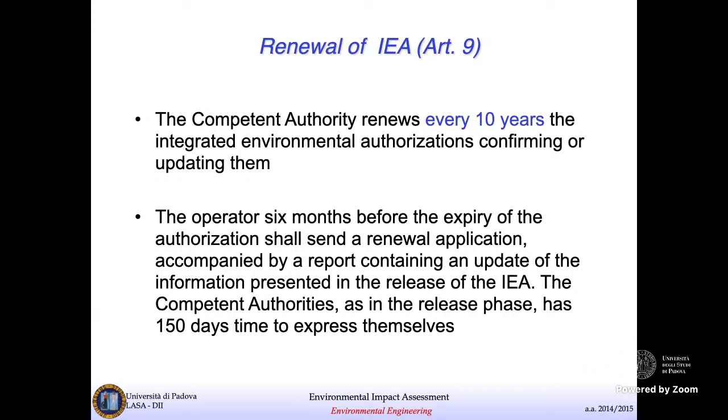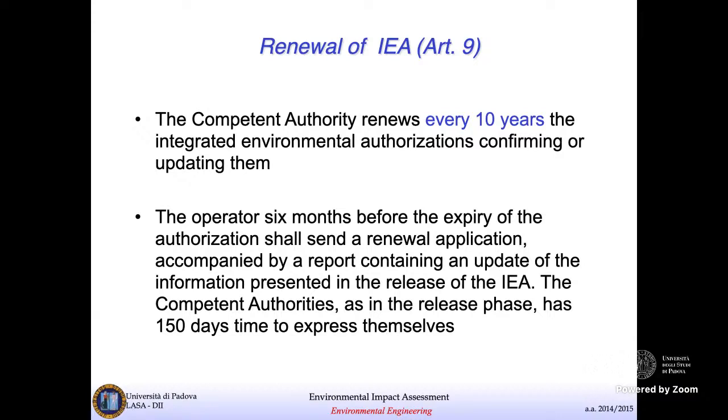What about the renewal of the authorization? The competent authorities renew the integrated environmental authorization every 10 years, confirming or updating it. Is an integrated environmental authorization forever? No, it lasts 10 years. Actually, now it lasts 5 years, because due to subsequent changes in the legislation, the authorizations are to be reviewed every 5 years.